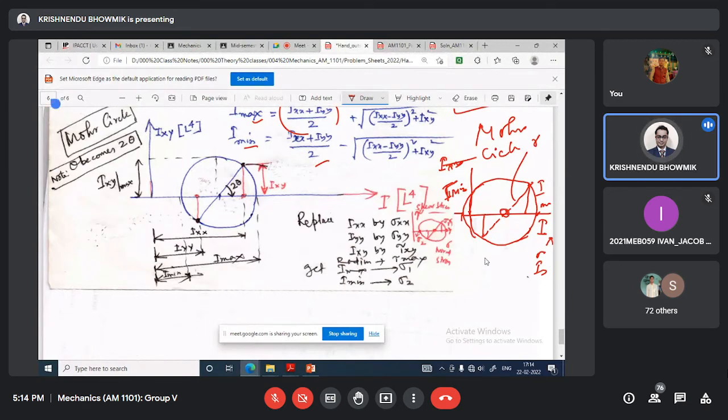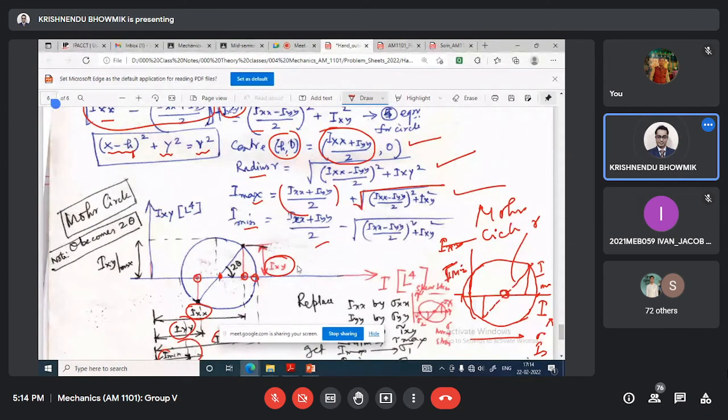And you can write here, this is Ix, this is Iy, this is Ixy, this is Imax, this is Imin. What is the center? The center is Ixx plus Iyy by 2. Radius is the square root of ((Ixx minus Iyy) by 2) whole square plus Ixy whole square.